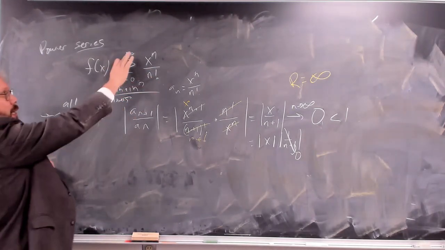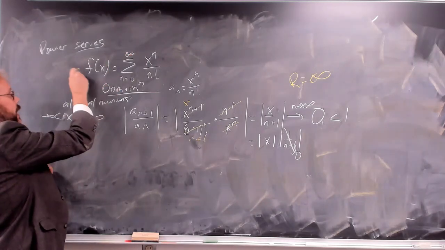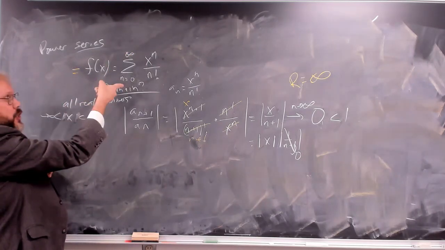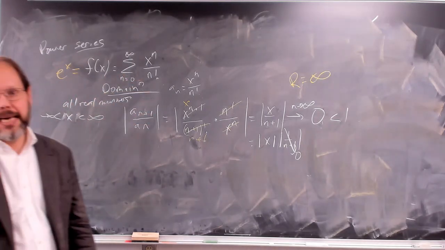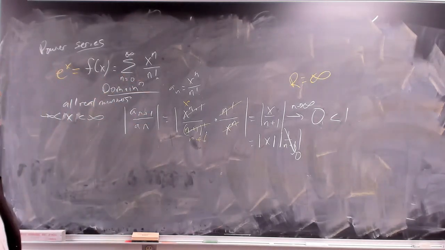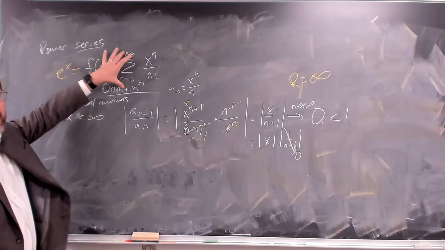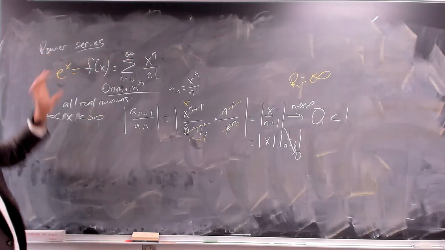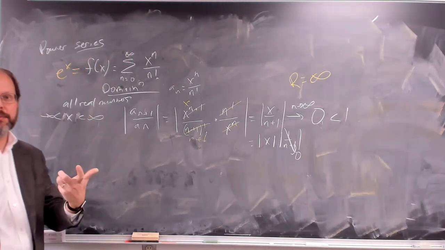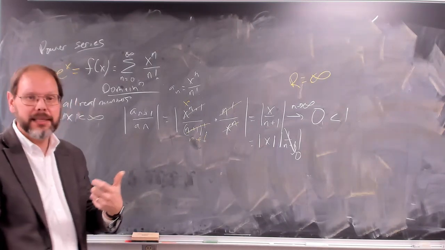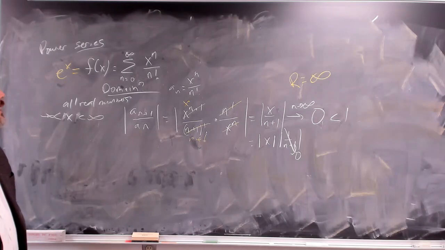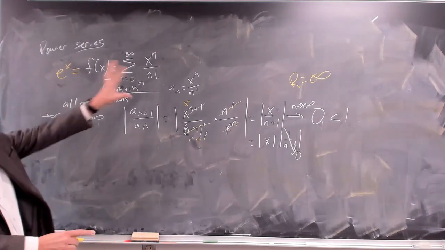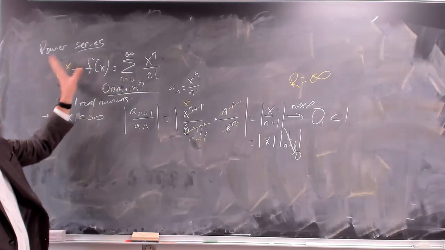But if I let it go off to infinity here, I will not get an approximation of e to the x, but it's exactly equal to e to the x. So this is another way to represent that function. And it's nice to have multiple ways to represent functions, because sometimes we want to do different things with them. And again, you don't need to know this now, but that's what we would have.